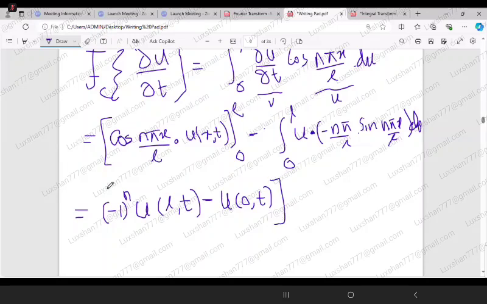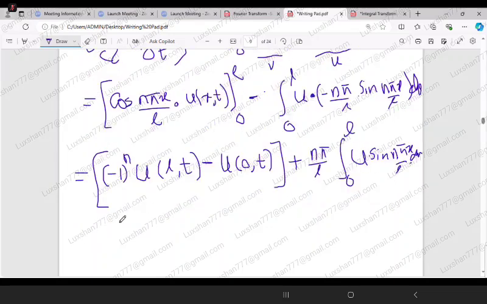There is a minus outside, and taking nπ/L out, that becomes plus nπ/L times the integral from 0 to L of u sine(nπx/L) dx. So this is nothing but the sine transform.